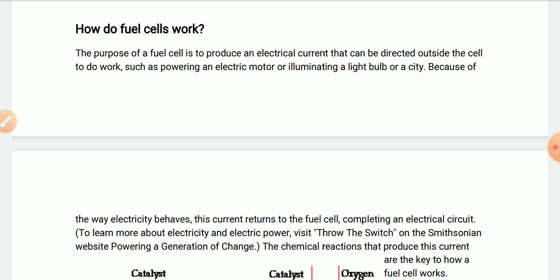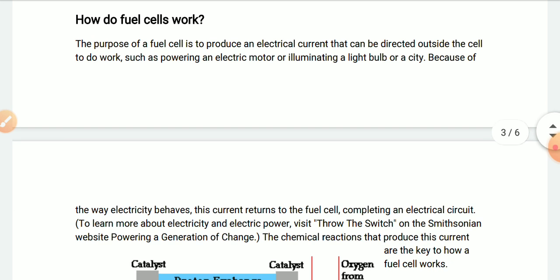So this is not harmful for human beings, and it can be utilized for electricity generation purposes. The chemical reactions that produce this current are key to how the fuel cell works.